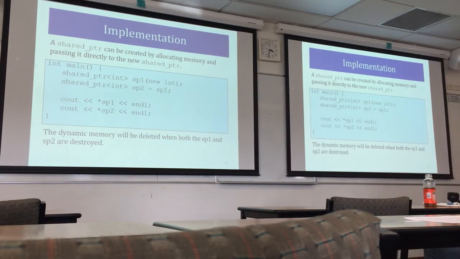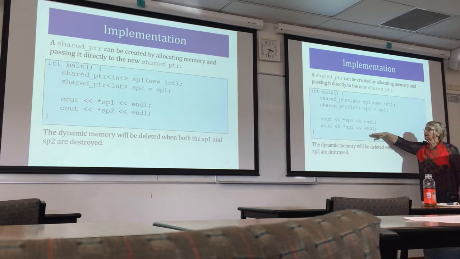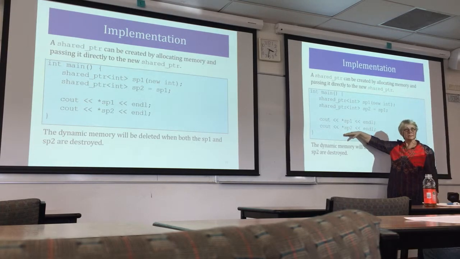So from now on, the use of the shared pointer is partially similar to the raw pointers, but it comes with many functions we are not touching because it's a big topic. When they go out of scope, notice the dynamic memory will be returned for the objects to which they point, because the destructor for shared pointers is called.